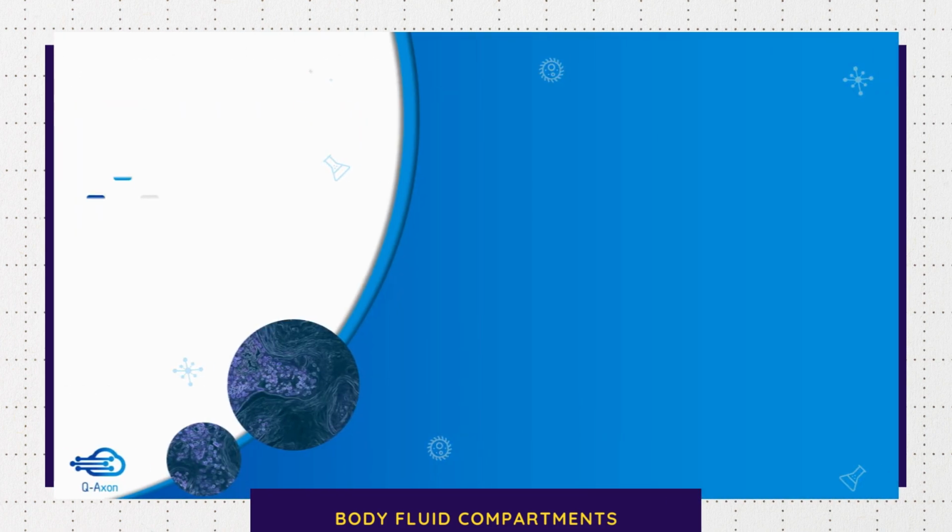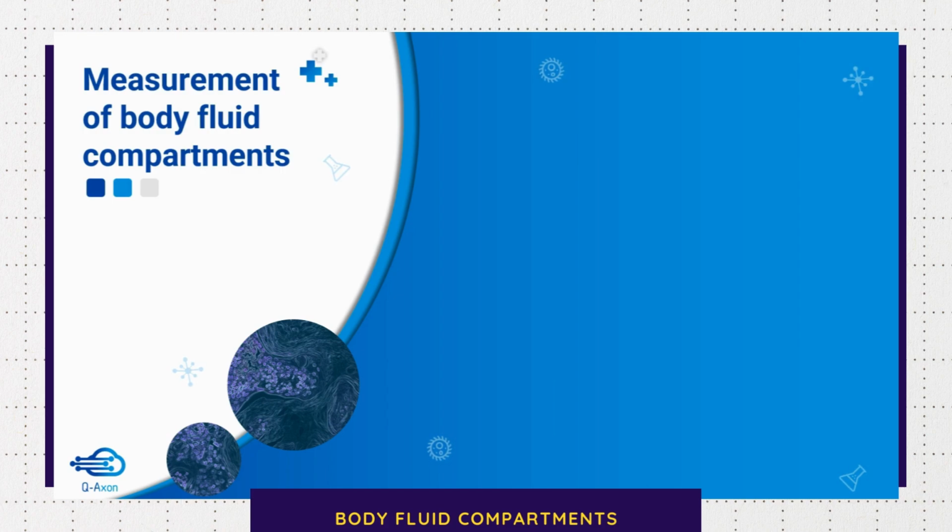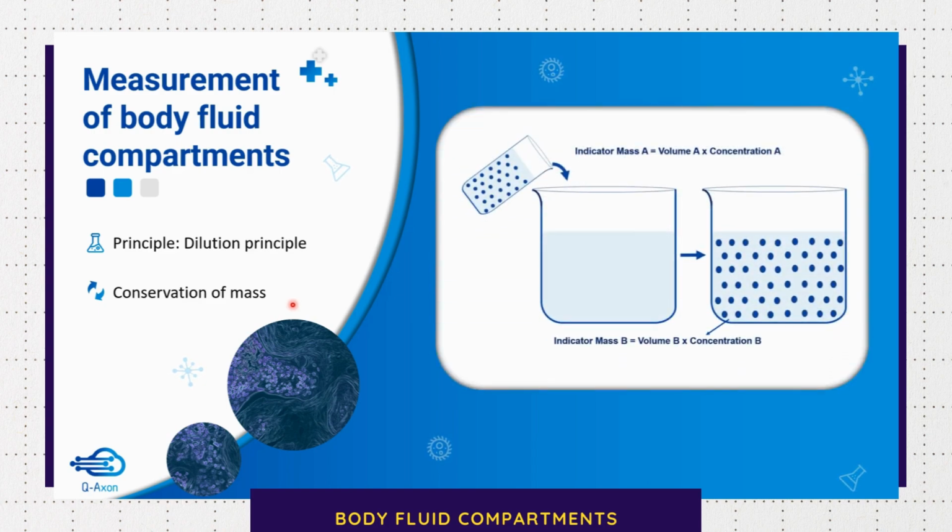So now, how are these various body fluid compartments measured? For the measurement of body fluid compartments, we use the dilution principle and the principle of conservation of mass. Let's try to understand this. What we do is we use a substance known as an indicator, and we have a particular known mass of the substance.